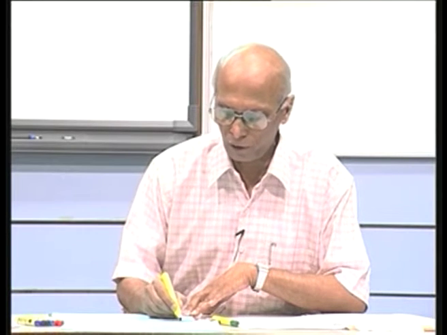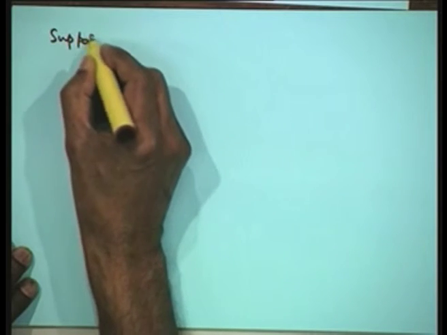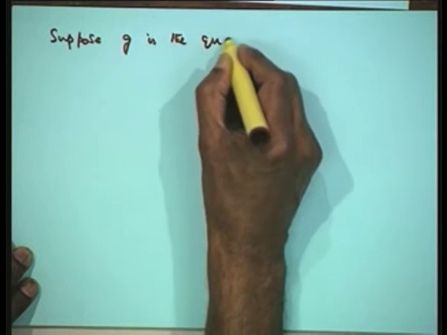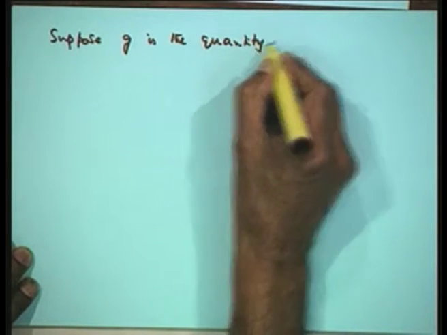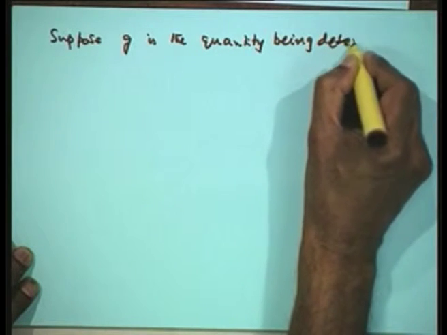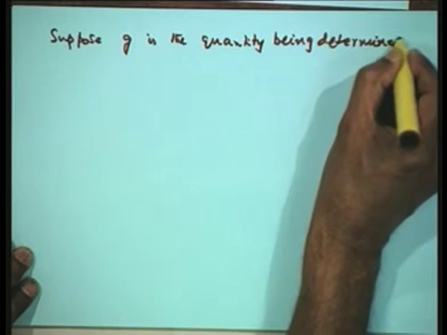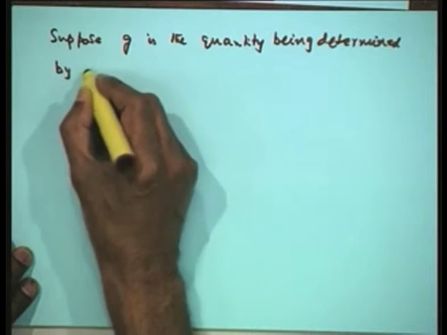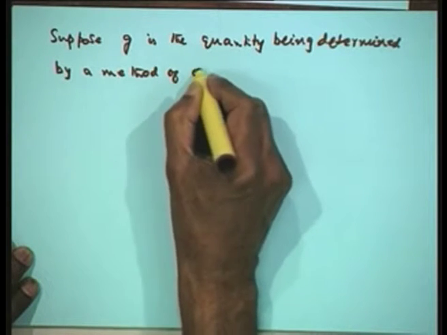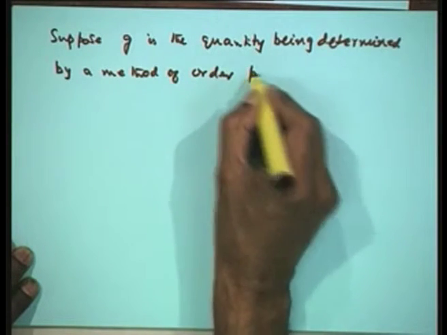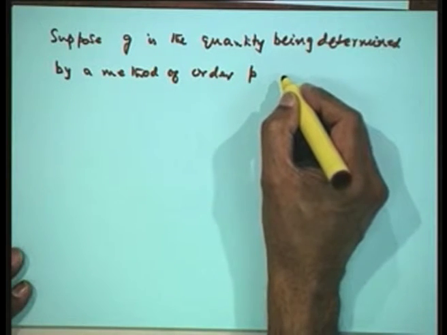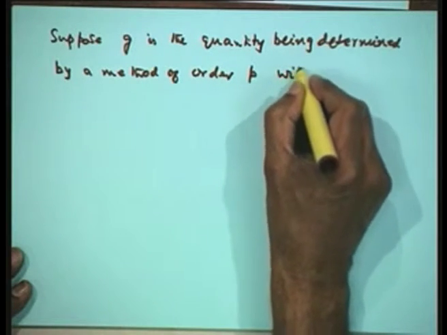What we have here is, suppose let us just call it G. Suppose G is the quantity being determined by a method of order p, with a step length h.